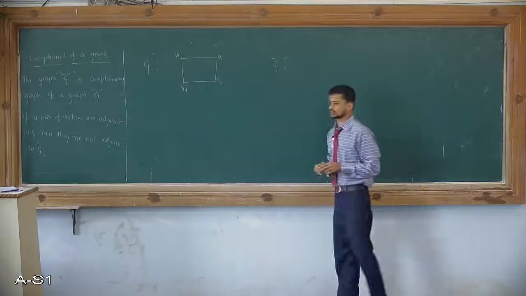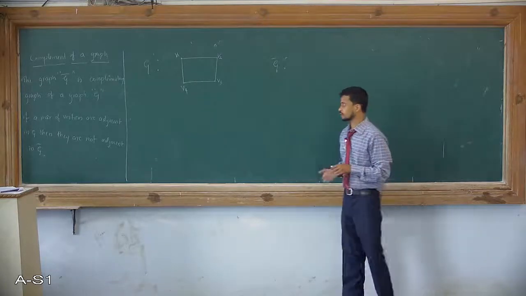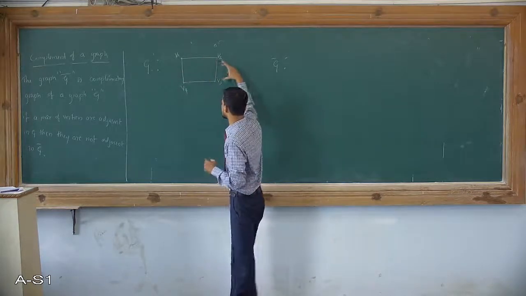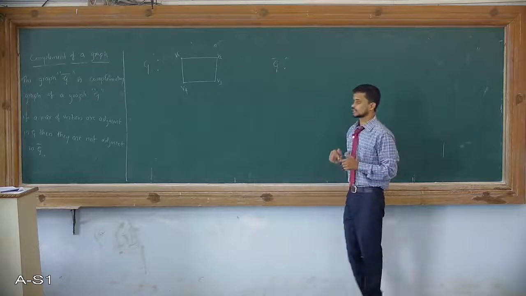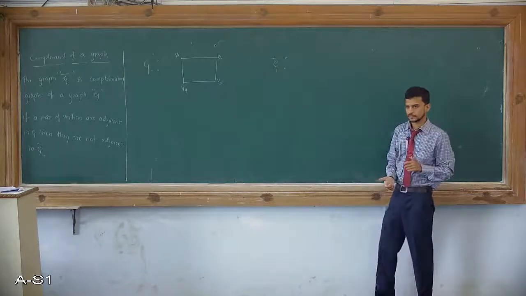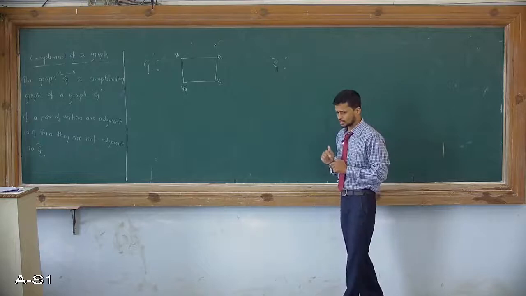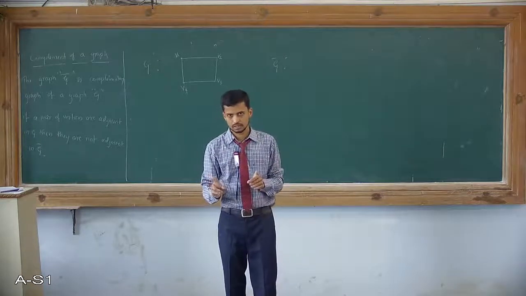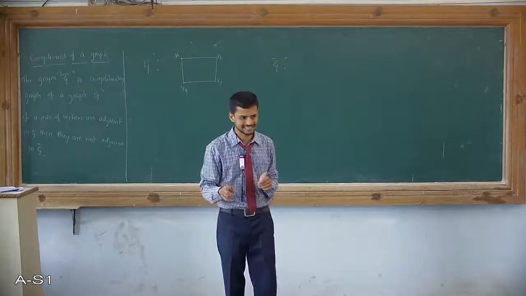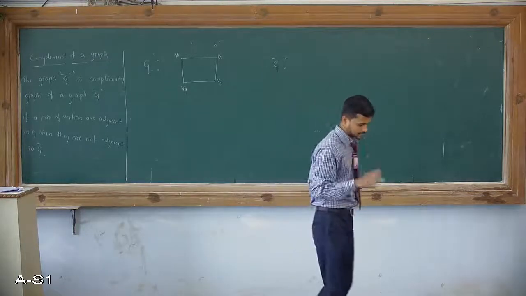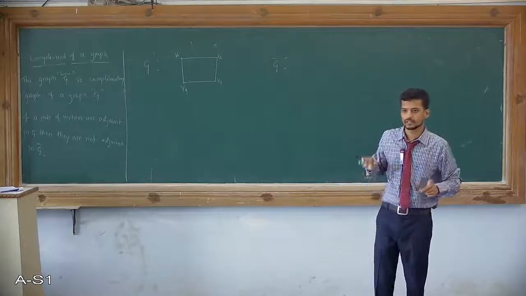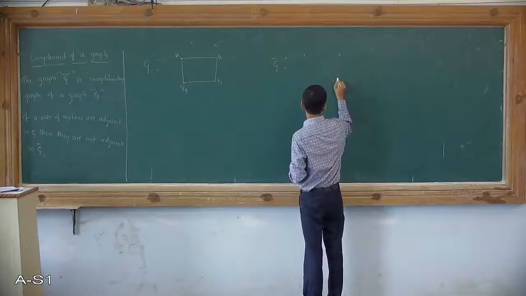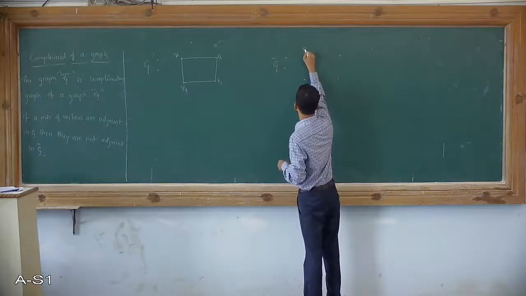According to the definition, if two vertices are adjacent in G, they are not adjacent in G bar. But what about the number of vertices? If you have 4 vertices in graph G, exactly the same number of vertices should be in graph G bar. So I will take the same set of vertices: V1, V2, V3, V4.